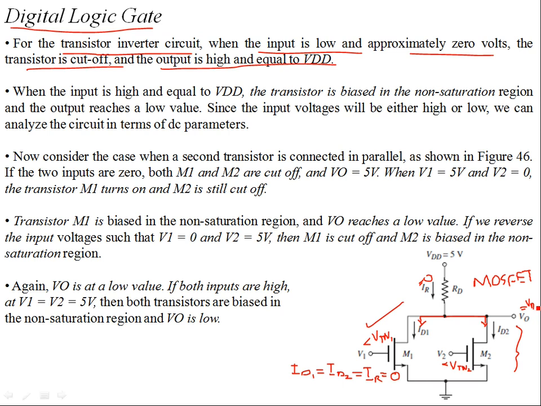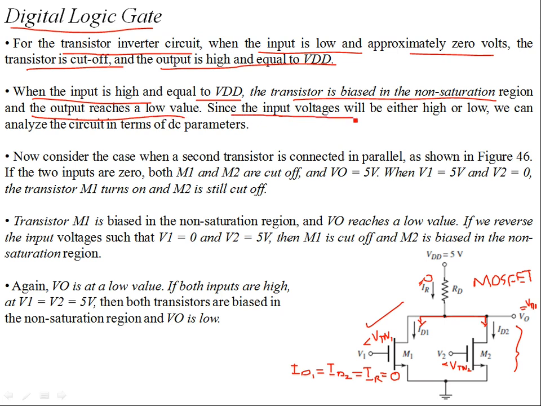So for no input, the output is high. When there is no input at the two inputs of the gate, the output is high. But when the input is high and equal to VDD, the transistor is biased in the non-sat region, so the output reaches a low value.